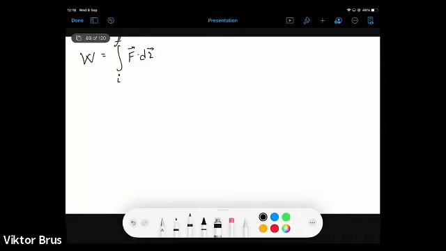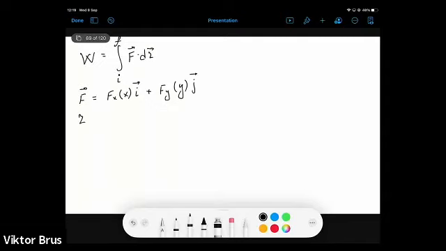So now in two-dimensional space, we can represent these two vectors in the following way. So force vector will be Fx times i unit vector plus Fy times j unit vector.